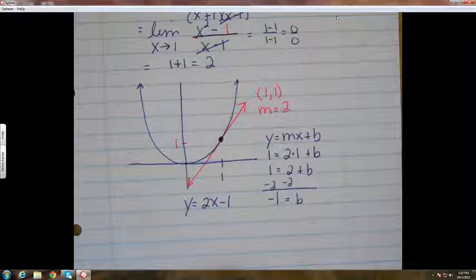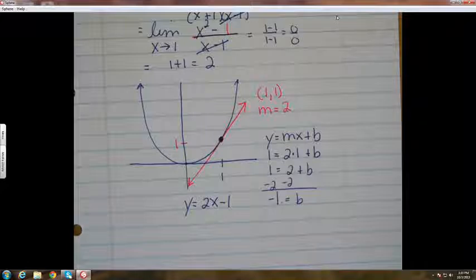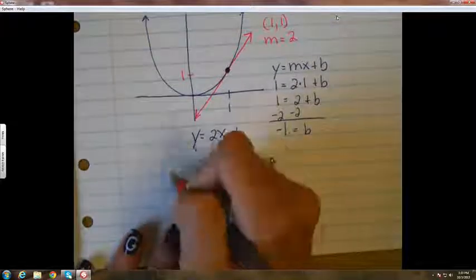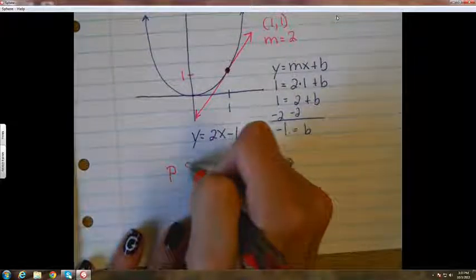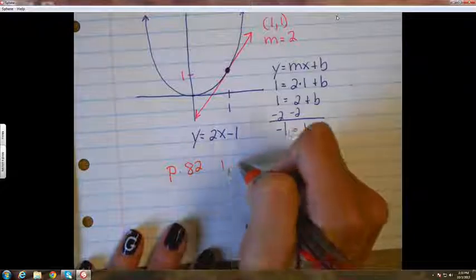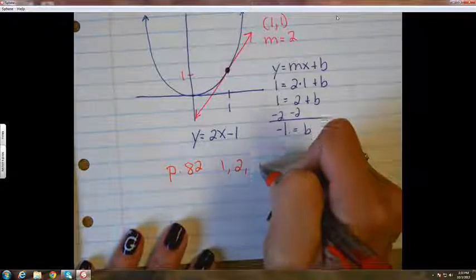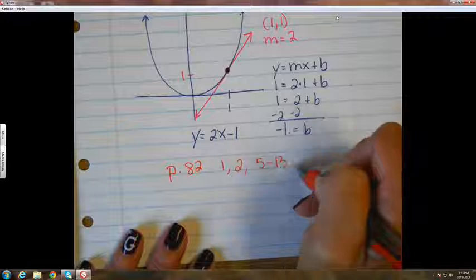Okay. I wrote your assignment down here. Of course, no page number. Page 82. 1, 2, 5 through 13 odd.